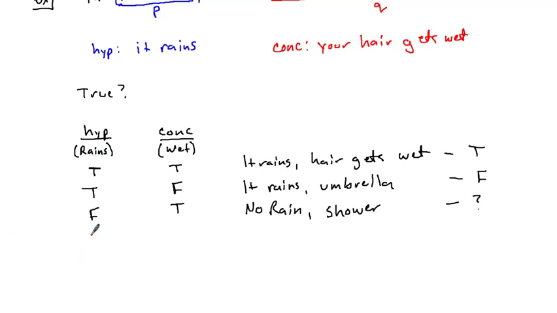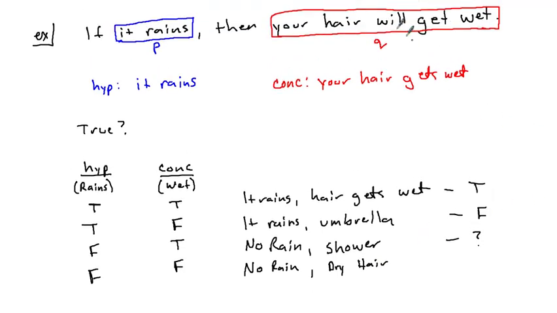And then let's go look at, again, so let's say it does not rain, and our hair doesn't get wet. So no rain. It's very possible that our hair doesn't get wet, right? We could just have dry hair, or we didn't take a shower that morning. So anyways, we have dry hair. So again, the words of our original statement are really not important.